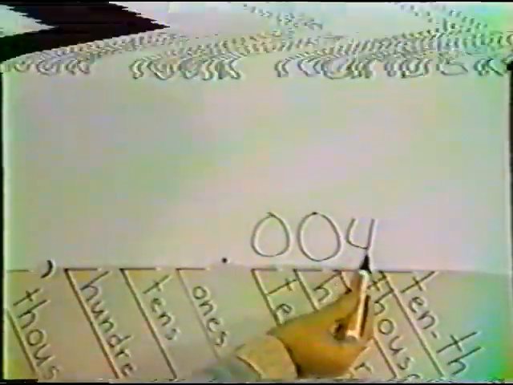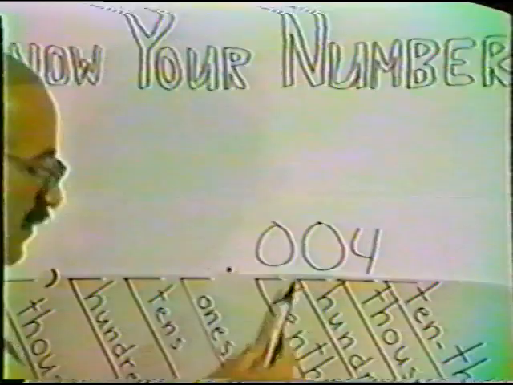There's another one. 4 thousandths. 4 thousandths, and we had to put zeros in the tenths and in the hundredths places.